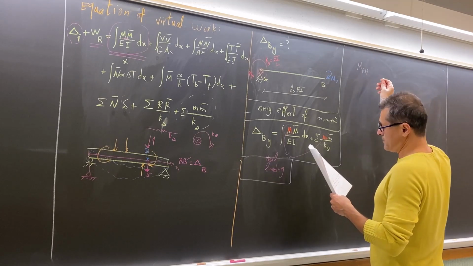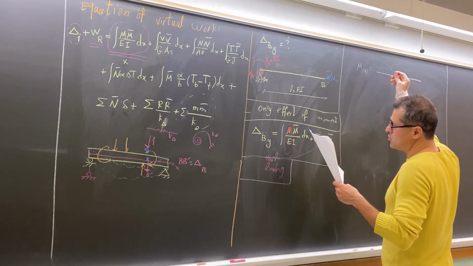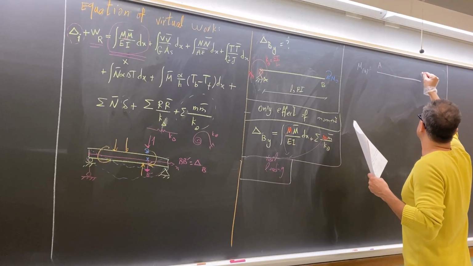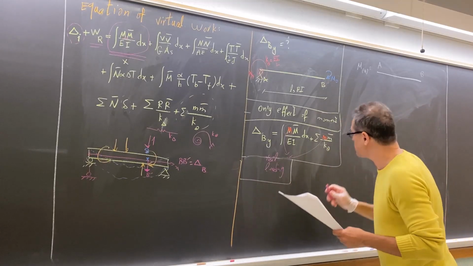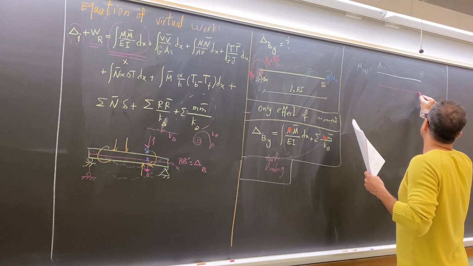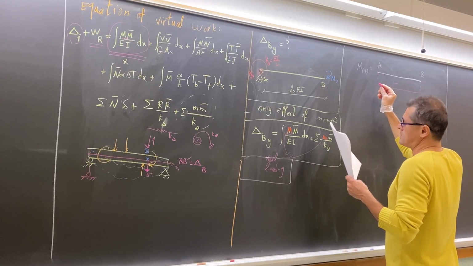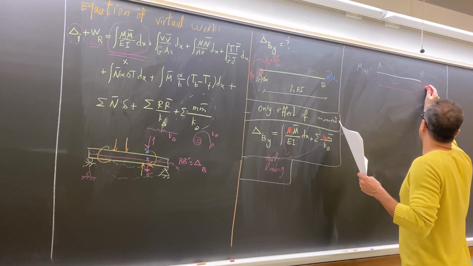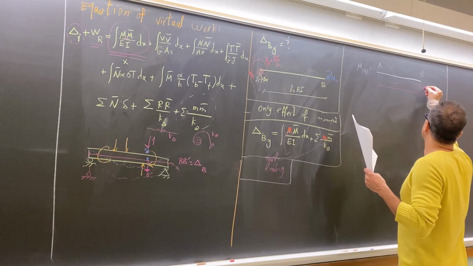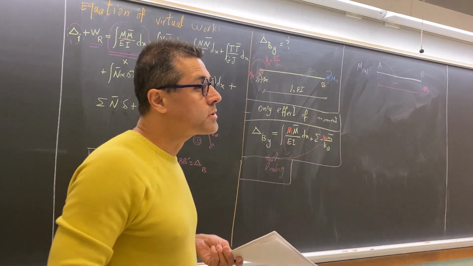I'm going to draw the bending moment diagram from statics, so test your knowledge from statics. This is the beam. The diagram is this one. Okay, this is M0. Do you agree, Clement? This is the diagram for bending moment.